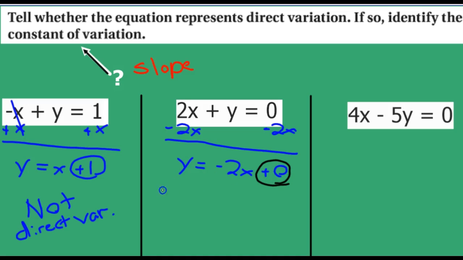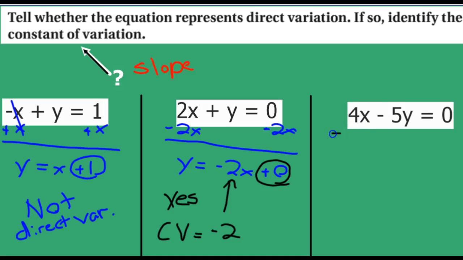It's going to go through 0, so yes, this is direct variation. And our constant of variation, we'll say CV, equals negative 2. Our constant of variation is negative 2. That comes from right here, our slope.